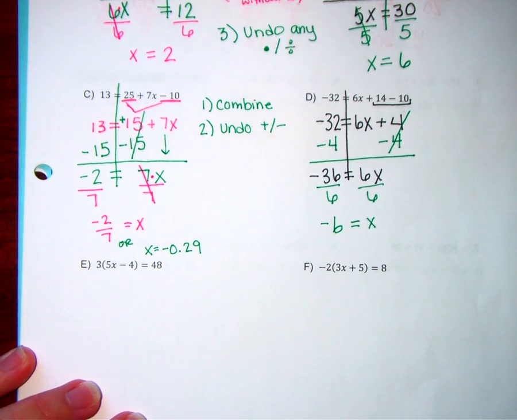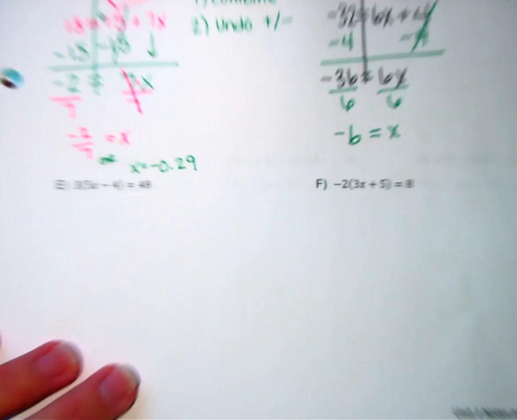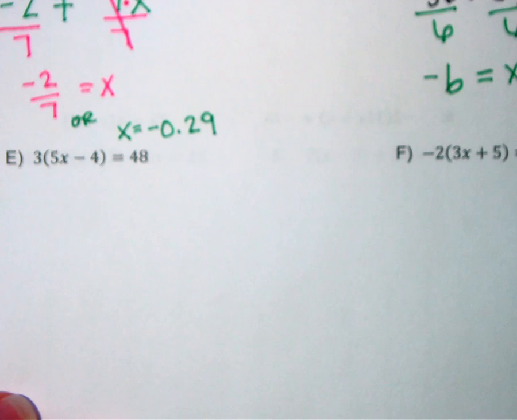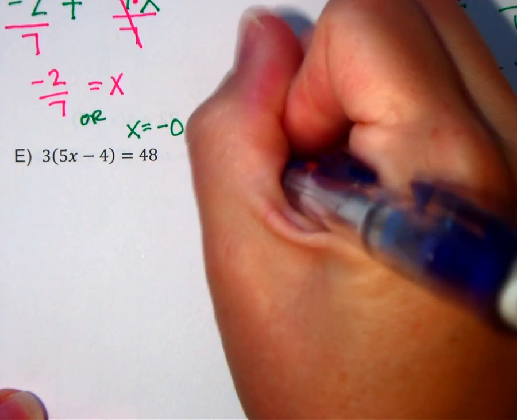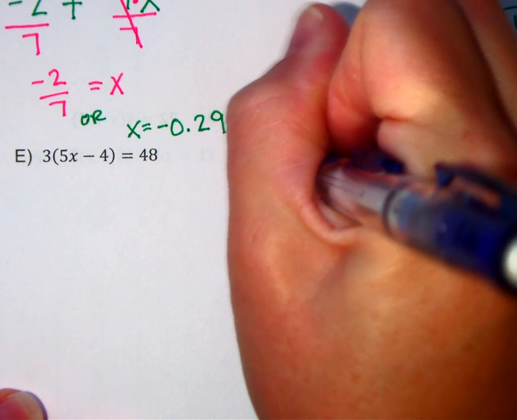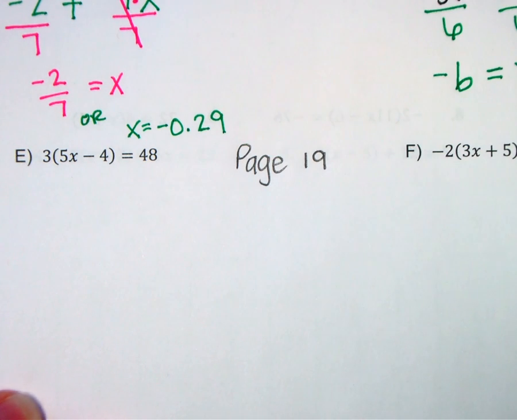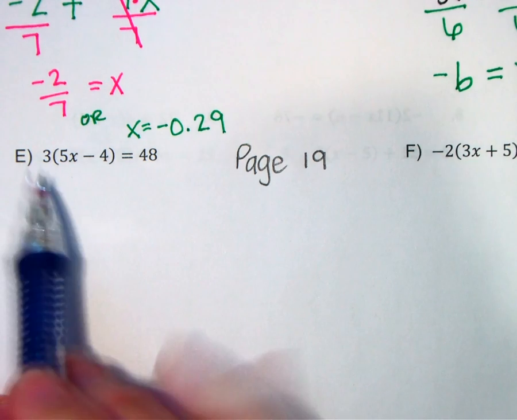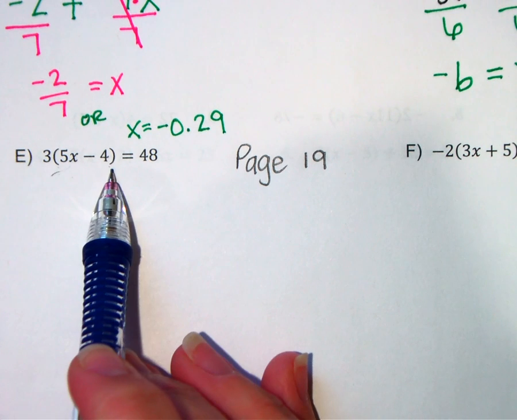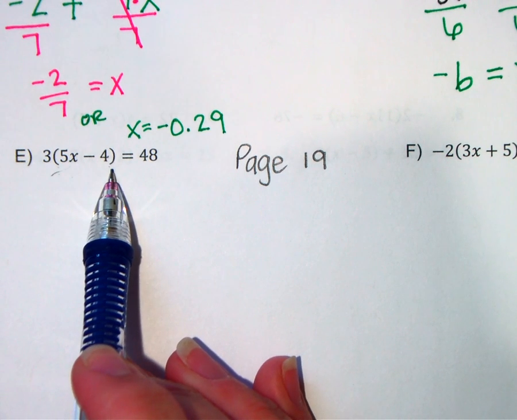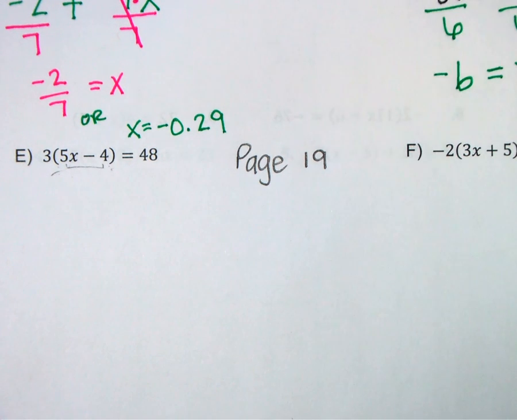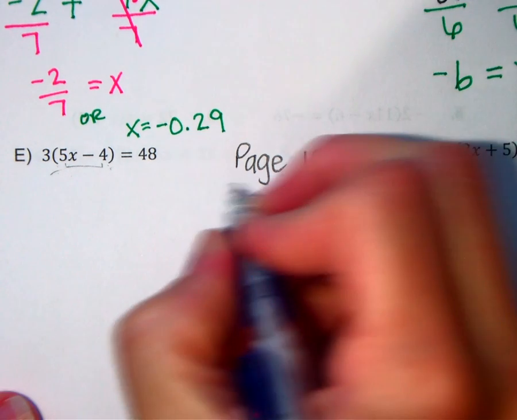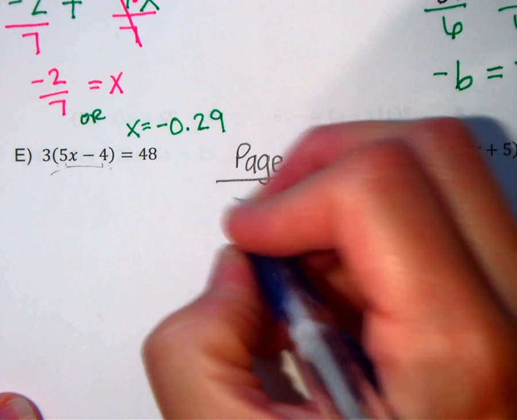So what you'll notice here, I'm going to zoom in so we can see the problems a little bit better here on page 19. What you'll notice here on page 19 is that you see these parentheses. And if you see those parentheses, you know that you're going to have to distribute. We cannot combine these two pieces inside of the parentheses because one of them has an X and the other one doesn't. Okay, so I'm going to put that underneath here.